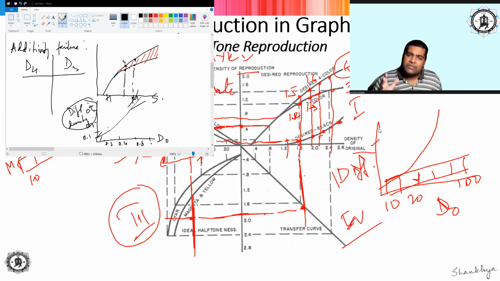And then from this data you can prepare a tone reproduction curve for your plate, as well as from that you can ultimately prepare a tone reproduction curve for your film negatives. And once it is done, the entire process becomes simpler.